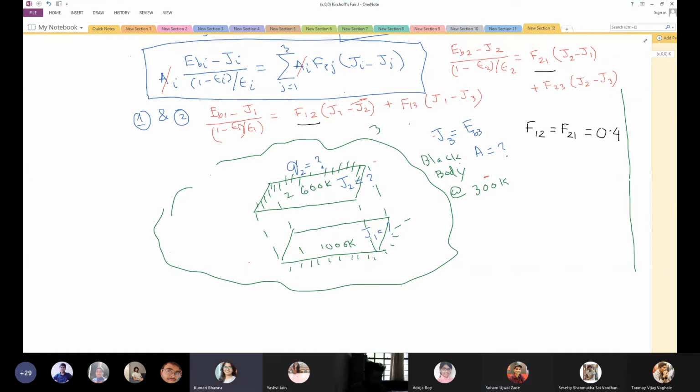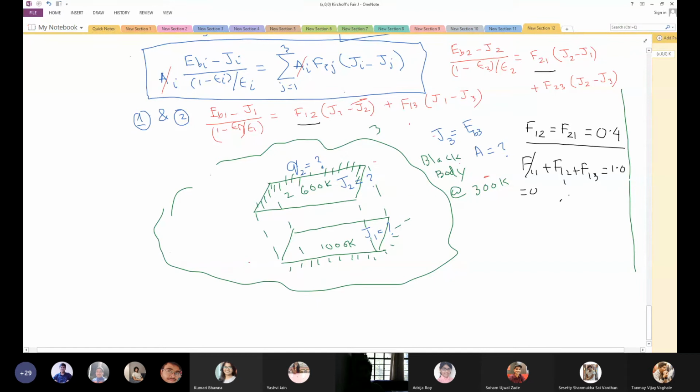F13 will be 0.6, like 1 minus 0.4. Okay. So F12 and F21 we can obtain from the previous problem. Using the summation rule, F11 plus F12 plus F13 equals 1.0. F11 equals 0 because surface 1 cannot see itself.